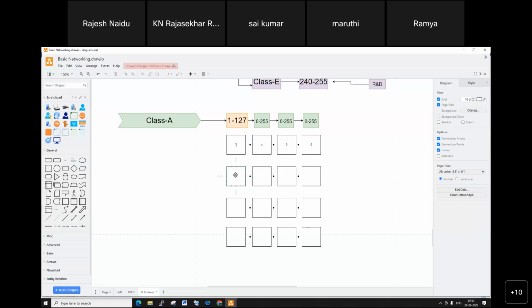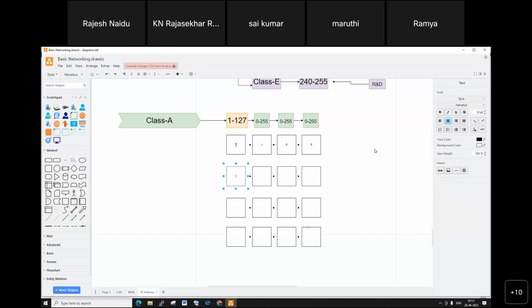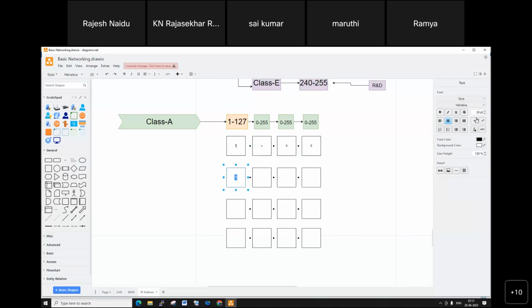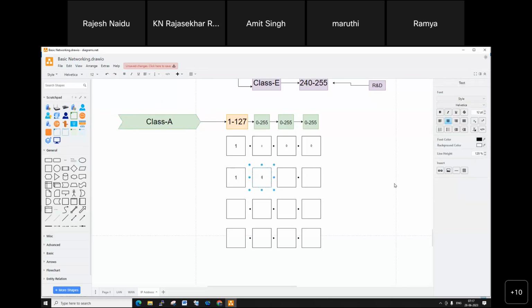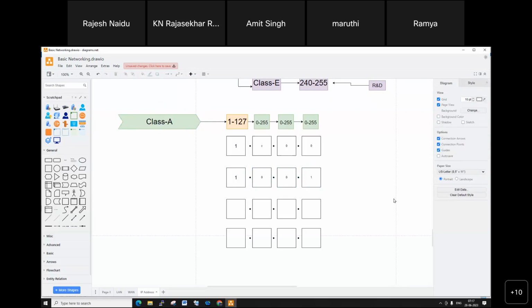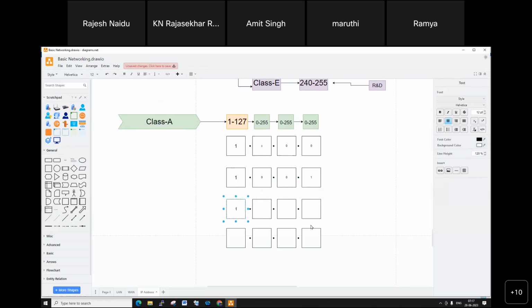And what is the next IP address? 1.0.0.1. Right. What is the next IP address? 1.0.0.2.